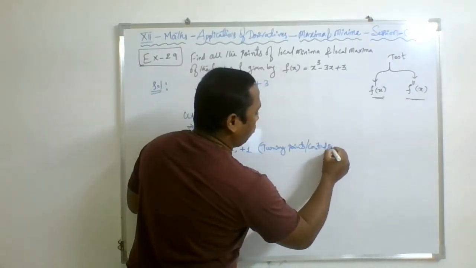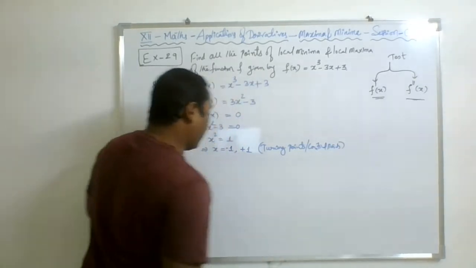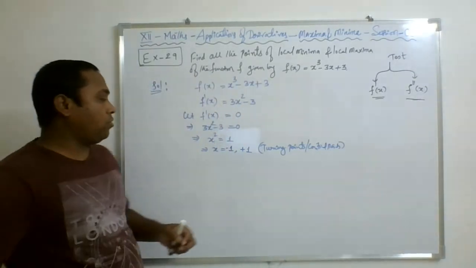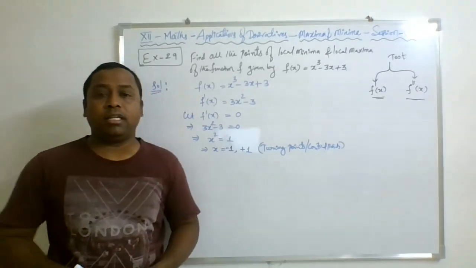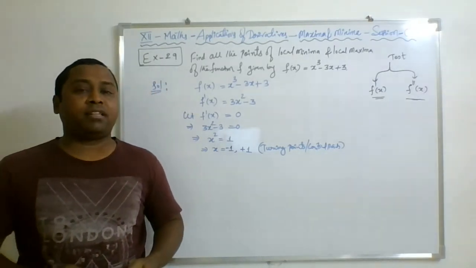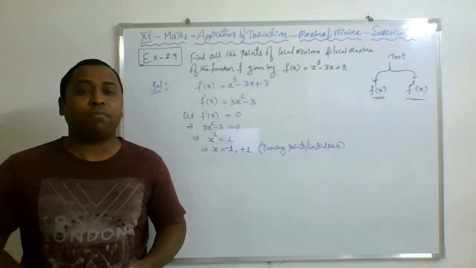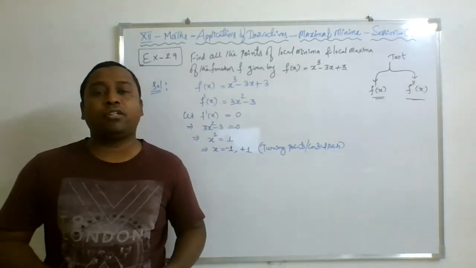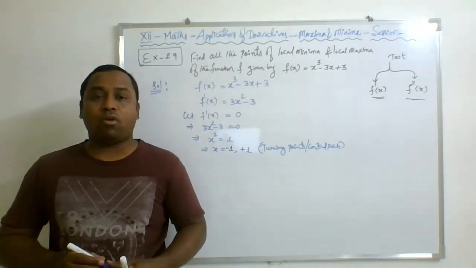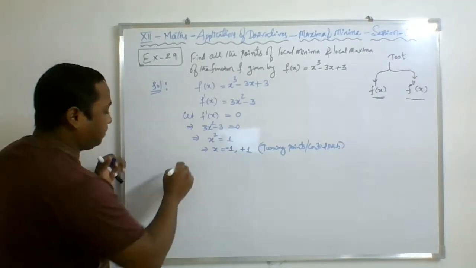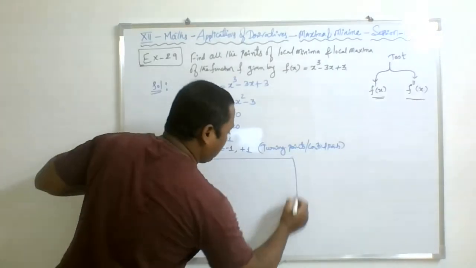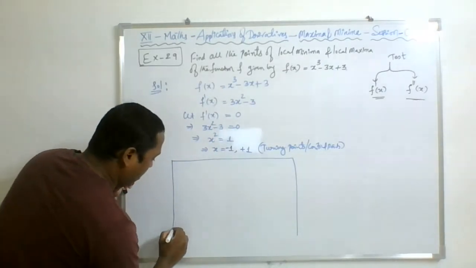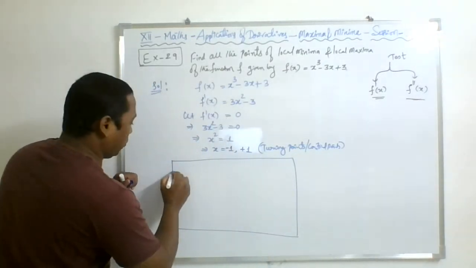What can we call them? Critical points. Now we need to know which turning point is the point of maxima or point of minima. For that we need to make a table which we call the analysis table. So now we are taking the table here slowly.